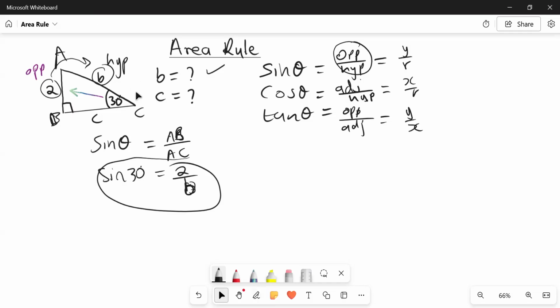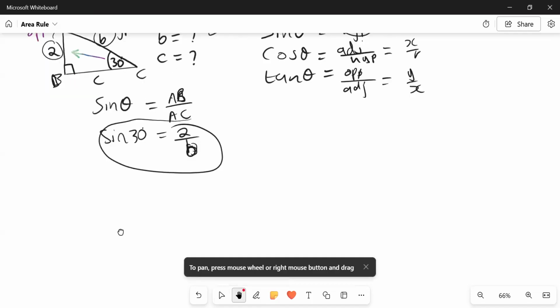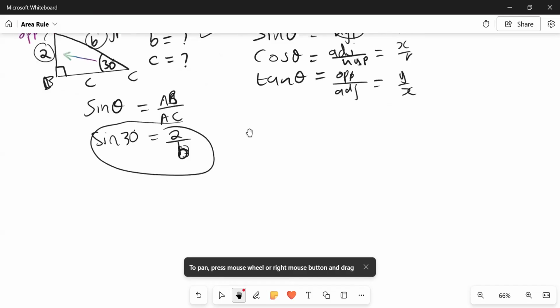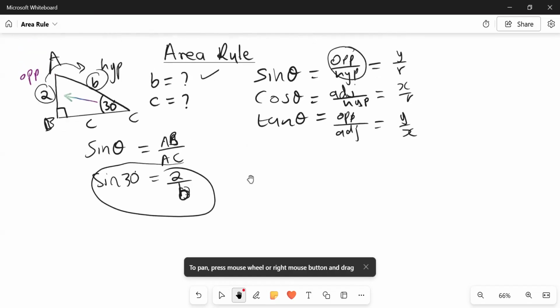So now, what happens if they are looking for a side, but the triangle is not a right angle triangle? Maybe they give you this kind of a triangle where this is A, B, C.